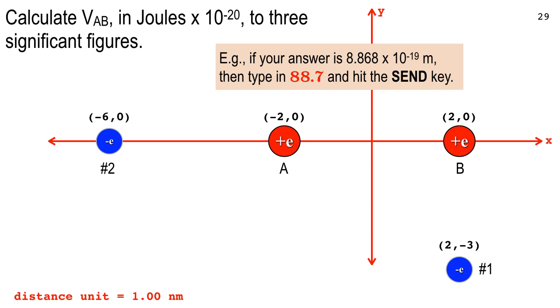It's 10 to the minus 9, but you don't have to square that or anything. It's just r in the denominators. Yeah, it's 4 times 10 to the minus 9 meters, because K and Q are in meters and newtons and stuff. So yeah, 9 times 10 to the 9 for K, and it's newton meters squared per coulomb squared.